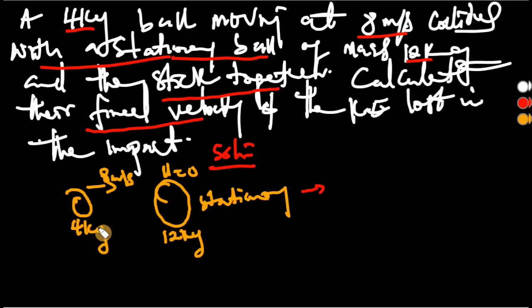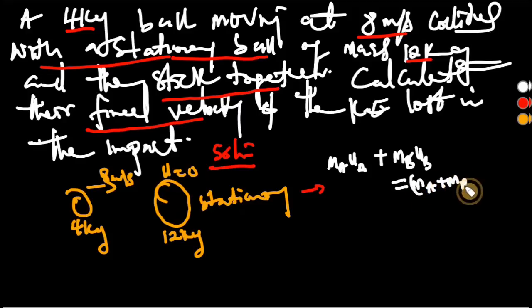So on collision, if this is done in an isolated system, you notice that momentum will be conserved, but the kinetic energy will be lost. So we still make use of our formula: ma ua plus mb ub equals (ma plus mb) times v, because when they collide they move with the same velocity.